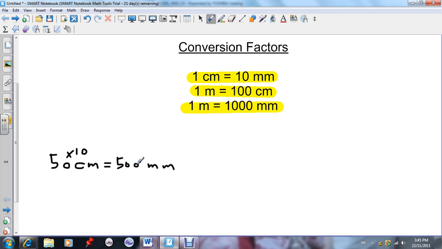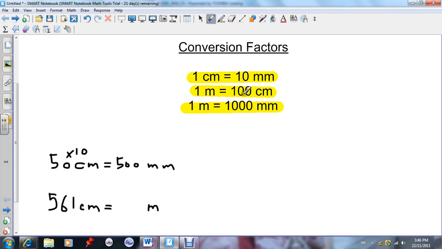Let's do another one. When you go from the right side back to the left, you're going to divide. You're going to do the opposite. So let's change centimeters to meters. Let's change 561 centimeters to meters. How would you do this?